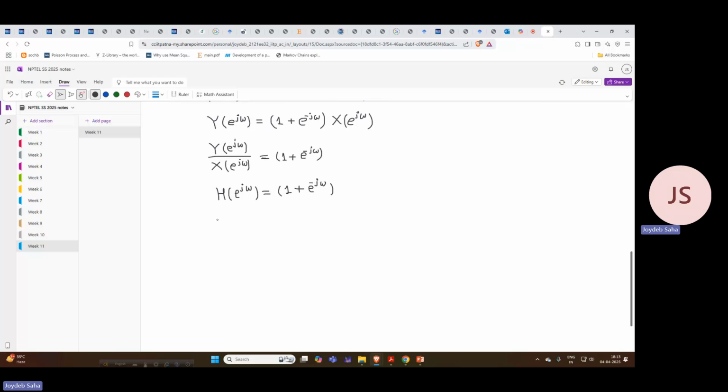Fine. Now H of e to the power j omega is equal to e to the power minus j omega by 2.